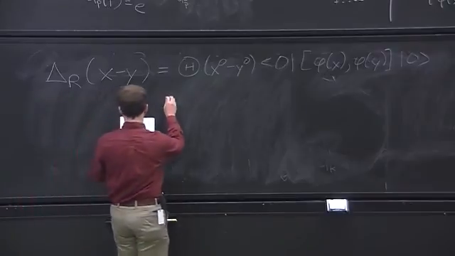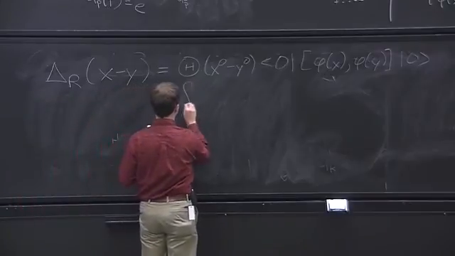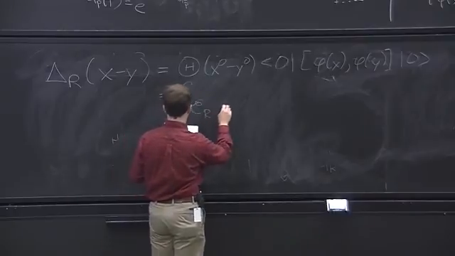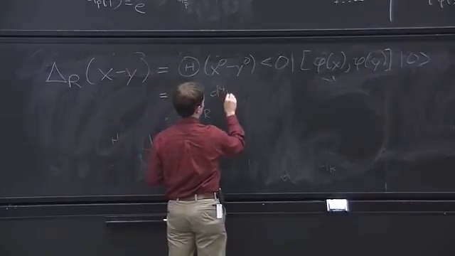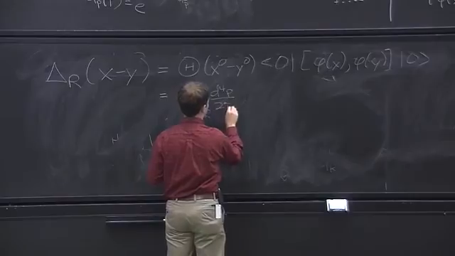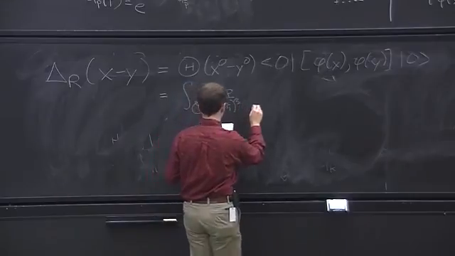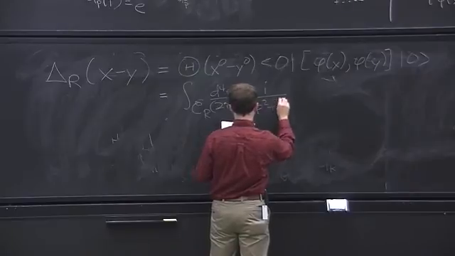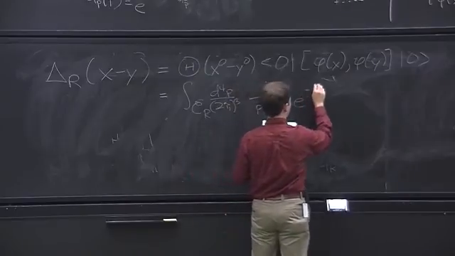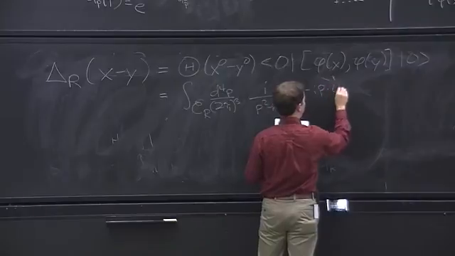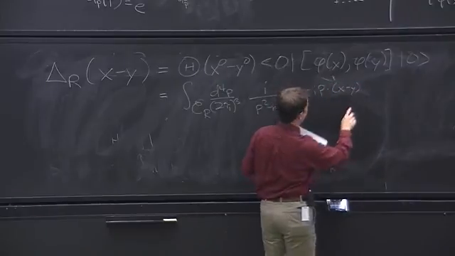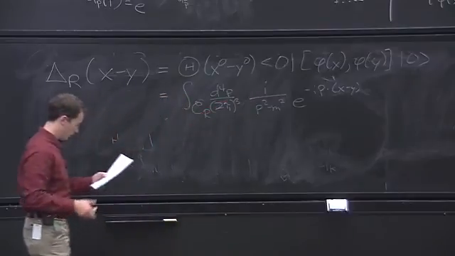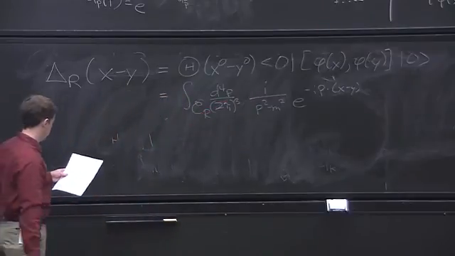And we found that this was equal to the integral along this contour, which I'll call C_R, of d^4p over 2 pi cubed, i over p squared minus m squared, e to the minus ip dot (x minus y). So I'll just bring that i in the denominator to the numerator, at the cost of a minus sign.